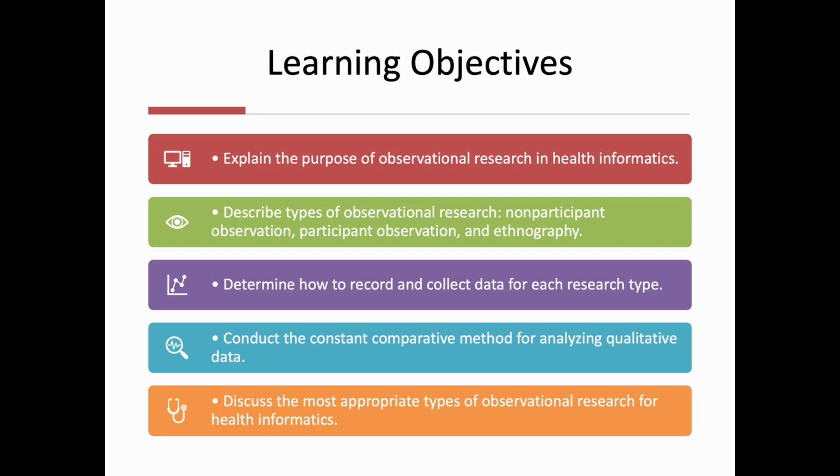Unlike quantitative research, which focuses on measurable data, qualitative research examines perceptions, interactions, feelings, and attitudes. By collecting these types of data, observational research adds depth, substance, and meaning to study results.